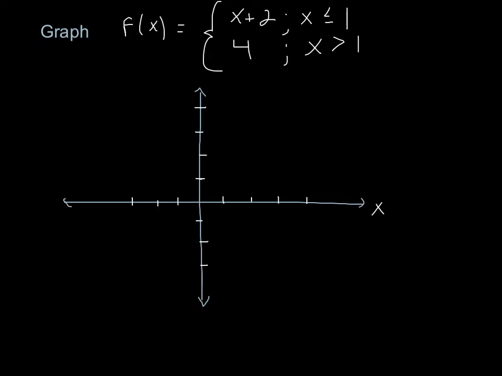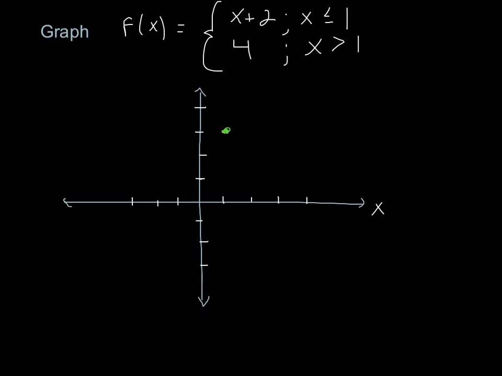So let's look at a second piece function, and let's just look at what the graph would look like. So here we've got two things. We've got f of x equals x plus 2 when x is less than or equal to 1. So if x were 1, and I would plug x in there, then I would end up with 3. So I would be at 1, 3.